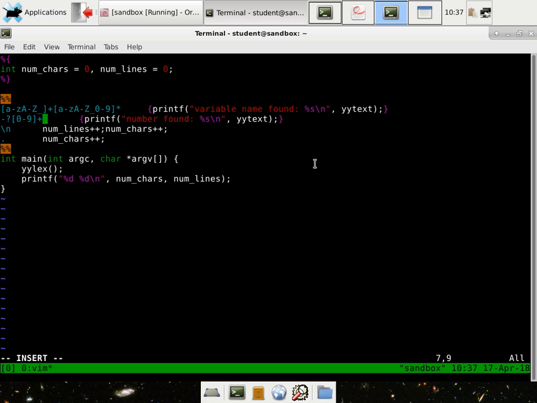Can you type it? Well, we could do that maybe. 0 to 9 plus.